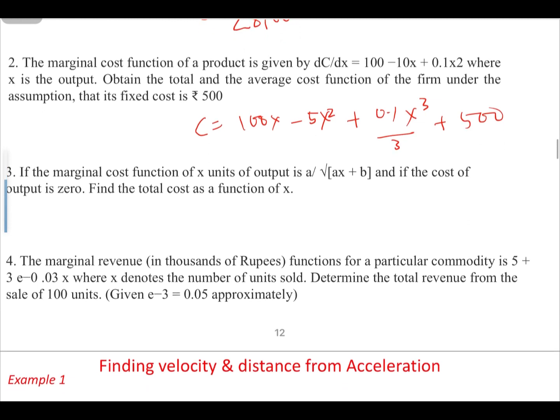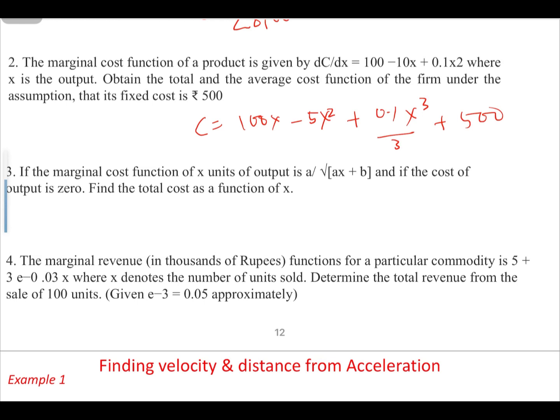And then the next one is this question: if the marginal cost function of x units of output is a over the square root of ax plus b, and if the cost of output is 0, find the total cost as a function of x.